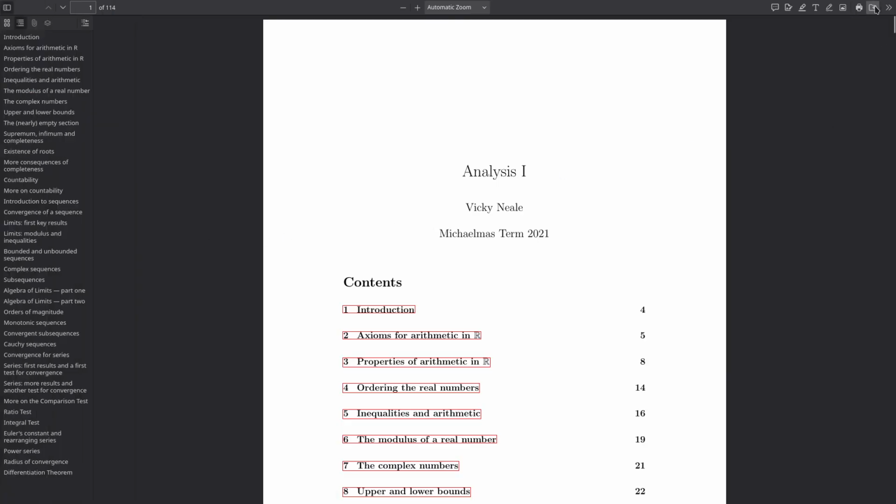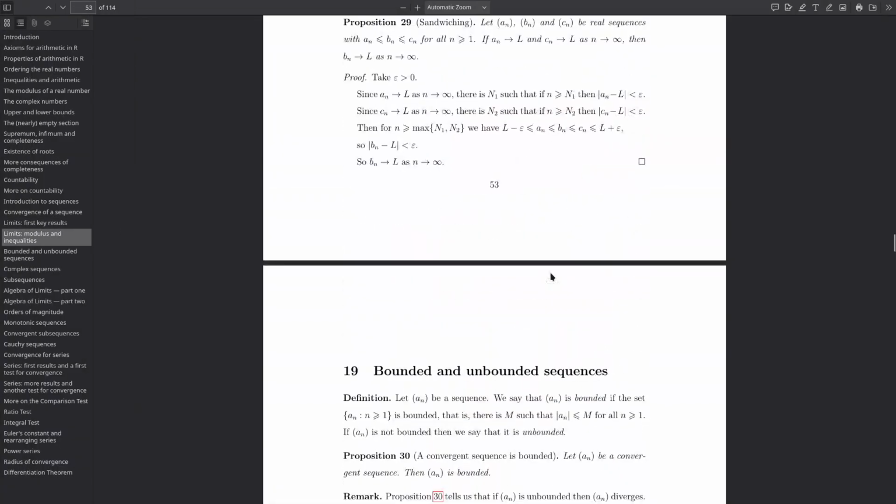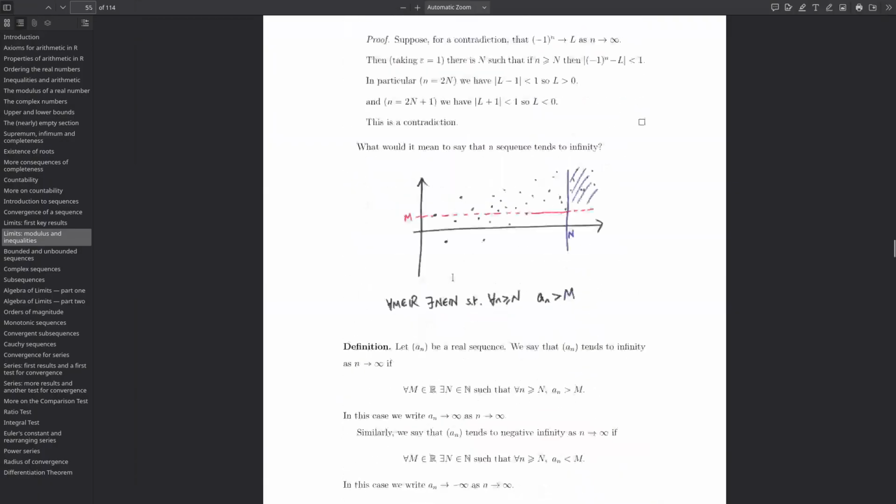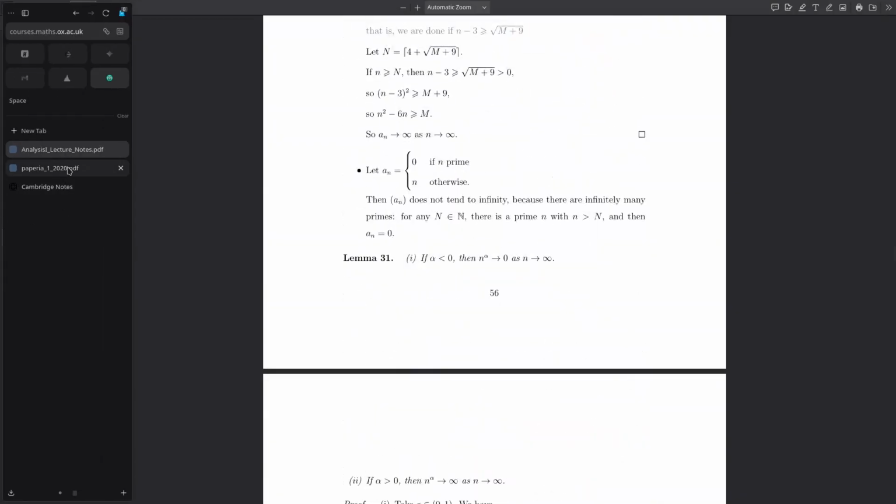So now I have all of these lecture notes. The idea is to combine all of those notes at some point into one massive note.